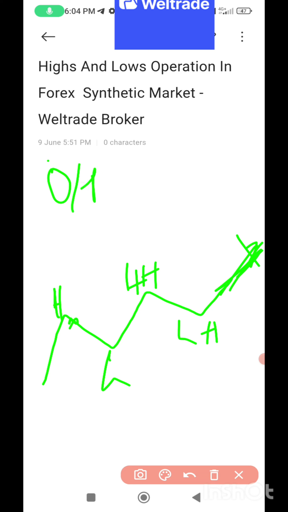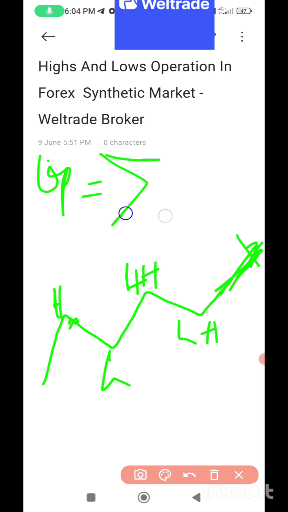The output OP is equal to the sum of H and L in brackets. This should be a curly bracket like this, or angle bracket like this.